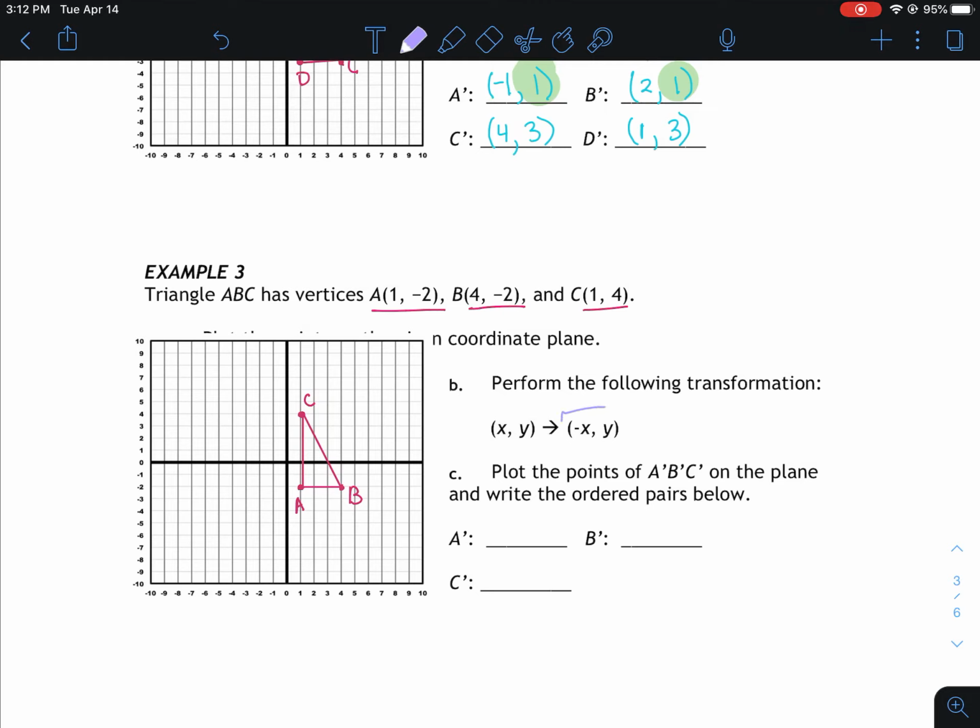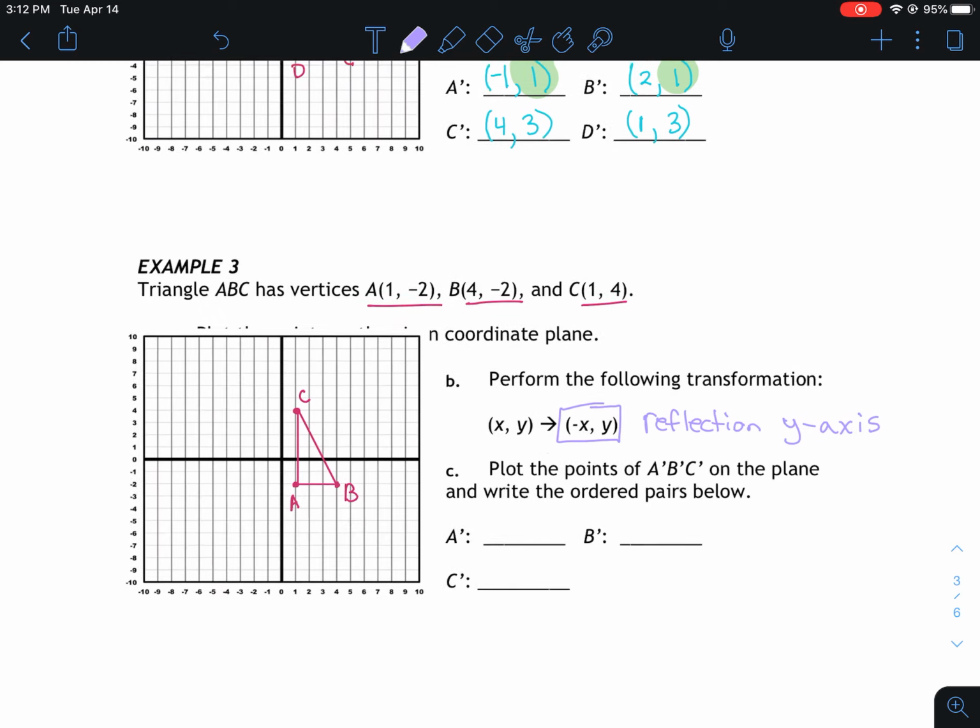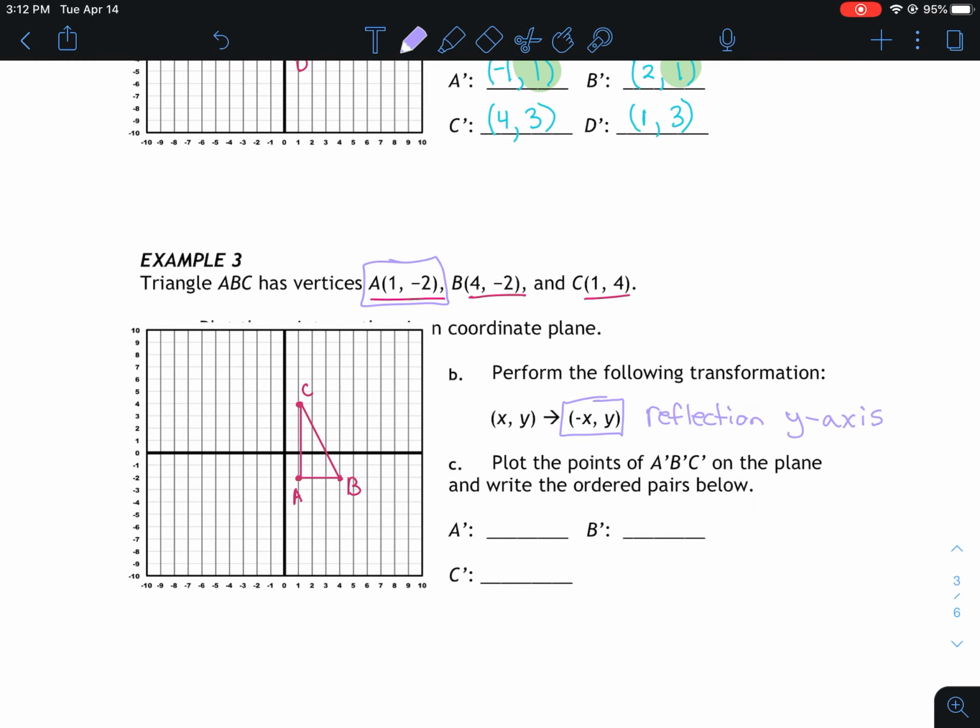Now we are going to perform this. This is the same as saying reflection over the y-axis. This is just in symbolic representation instead of saying verbally reflect over the y-axis. So what that means is that we are looking at our original A, 1, -2.